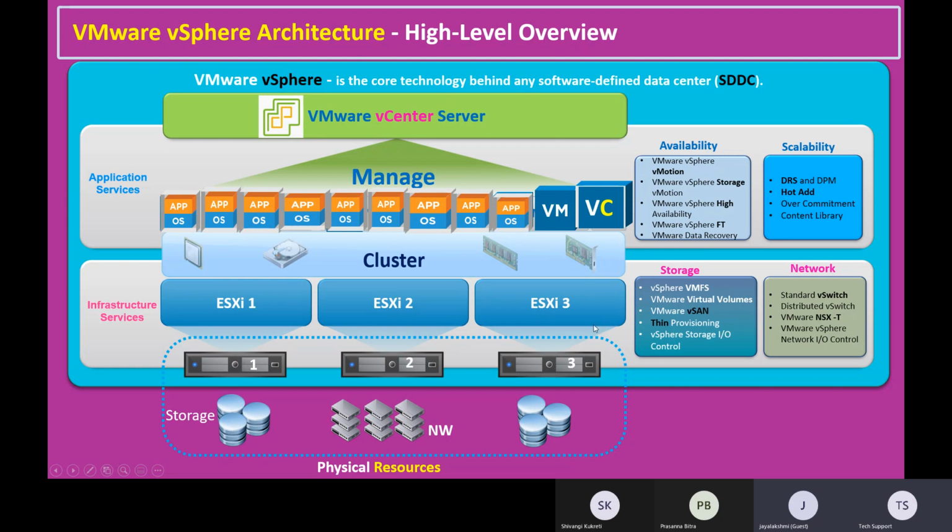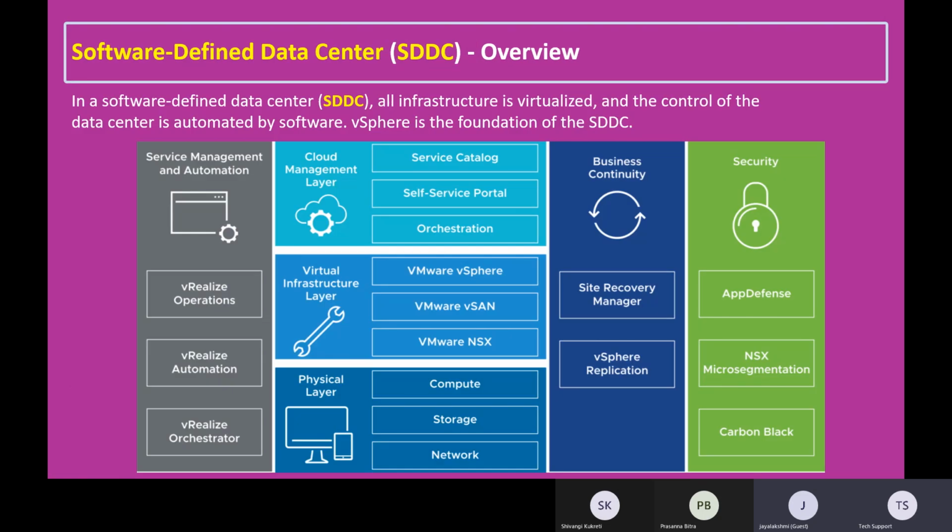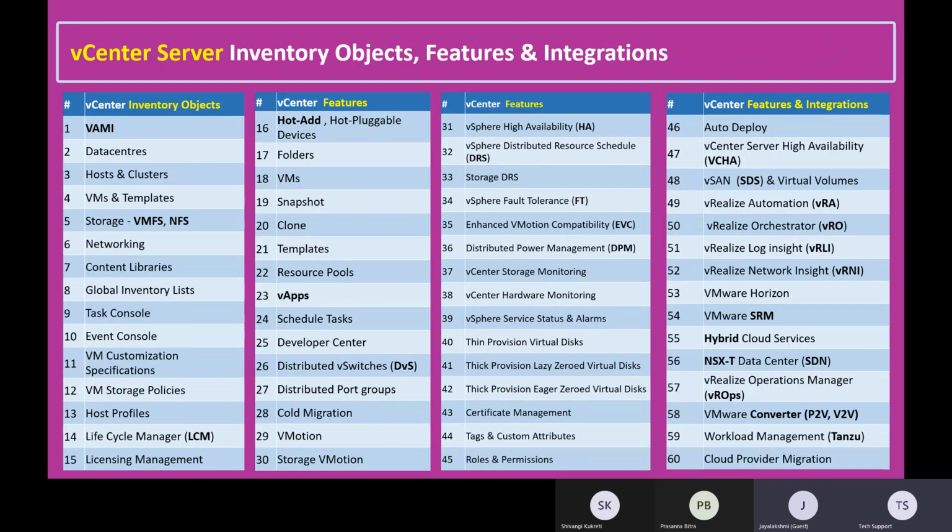During the overview, we will also see what the SDDC overview is, and I will show you the vCenter server inventory objects, features, and integration. Here I have segregated all our vCenter server inventory objects, features, and some integrations. These are close to 60, even counting some features covered within topics.